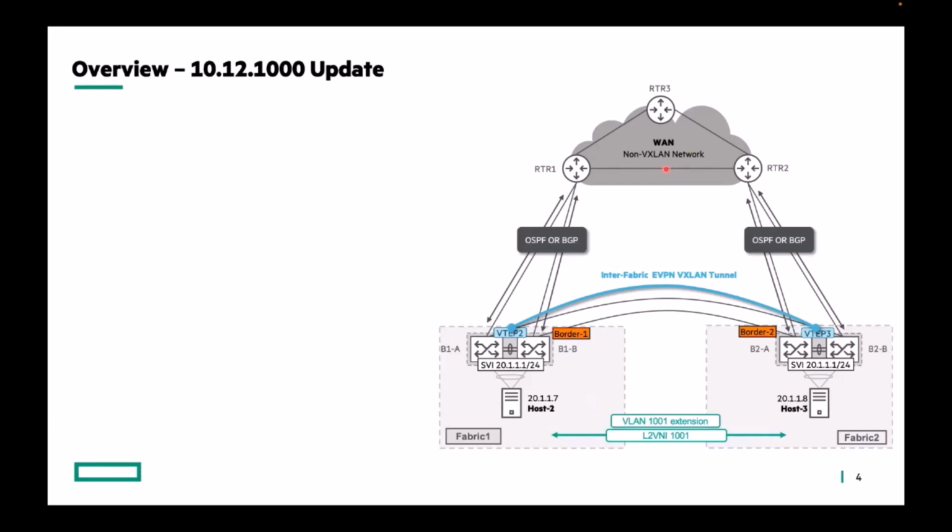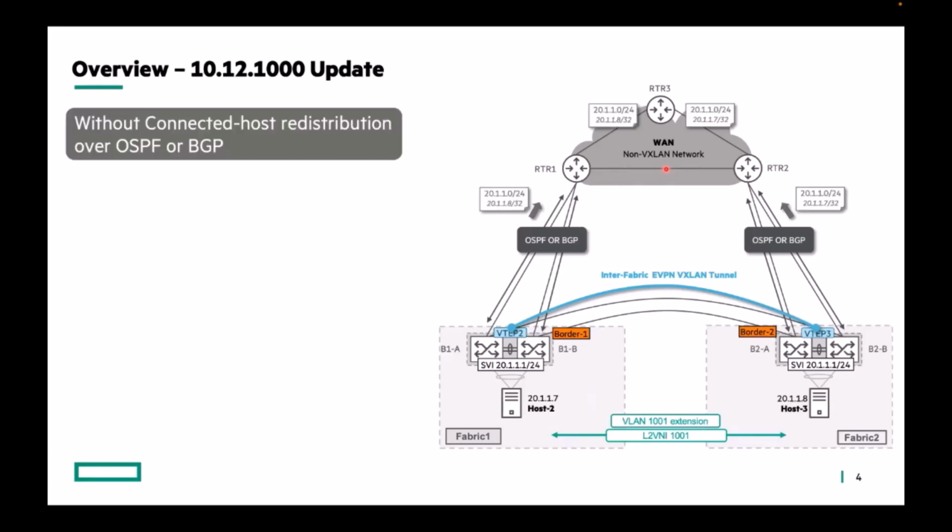Now, the overview would contain a 10.12.000 update. Basically, this feature came into that particular release. Before this feature, that is, without redistributing connected hosts over OSPF or BGP, what used to happen? We are redistributing these hosts on the border VTEP.